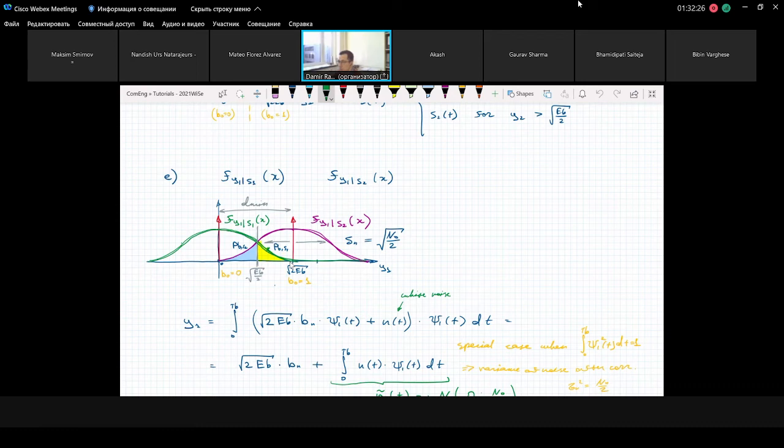But what we can say is that we can characterize this noise by probability. You remember that if you take plus minus 3 sigma, the probability to be in this range will be 99.72 percent of all cases. And when you have noise, you might exceed this value of square root of 2 Eb.